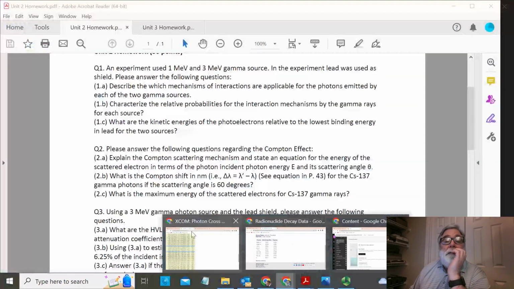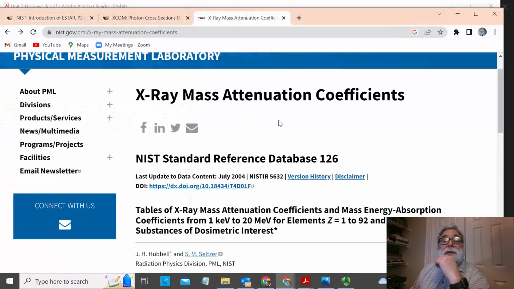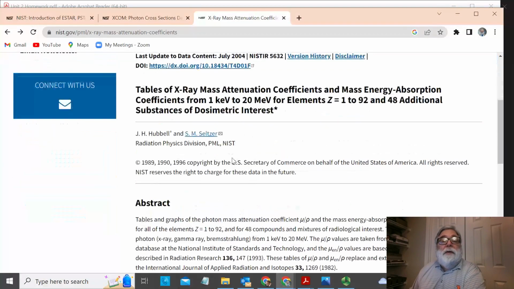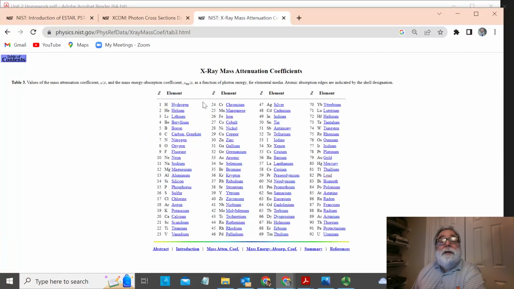And we will use our mass attenuation coefficients. Isn't that a good place to go? We are going to look at the elemental data because it's incident on lead.